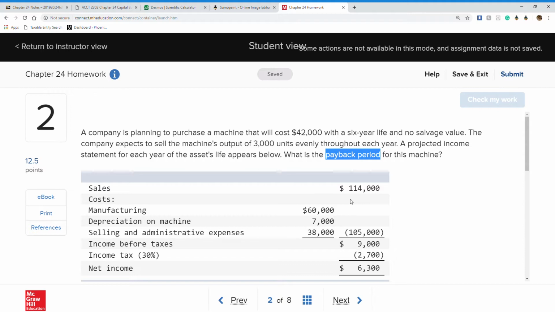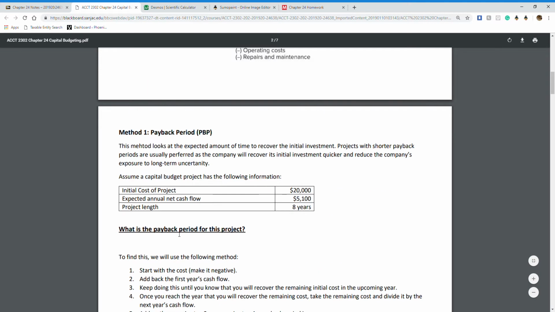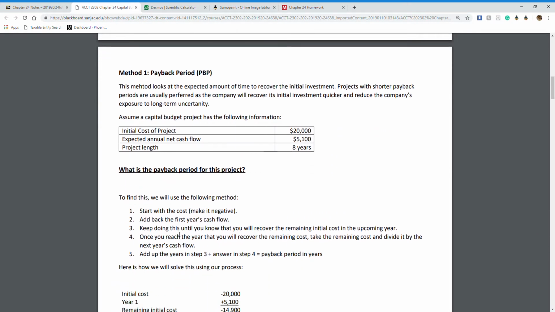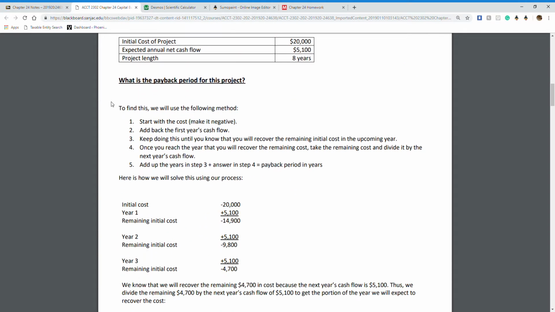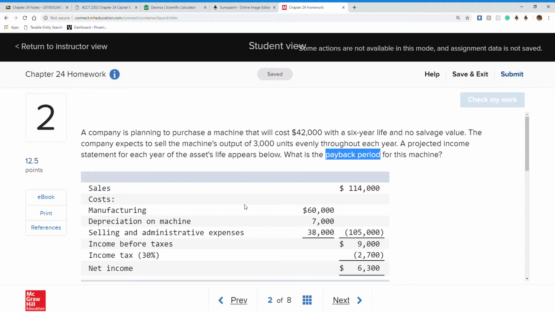First, the formula itself. What do we do? Well, according to your notes, it's all about finding cash flow. So, we have to find cash flow. Cash flow is basically taking out anything that is non-cash.